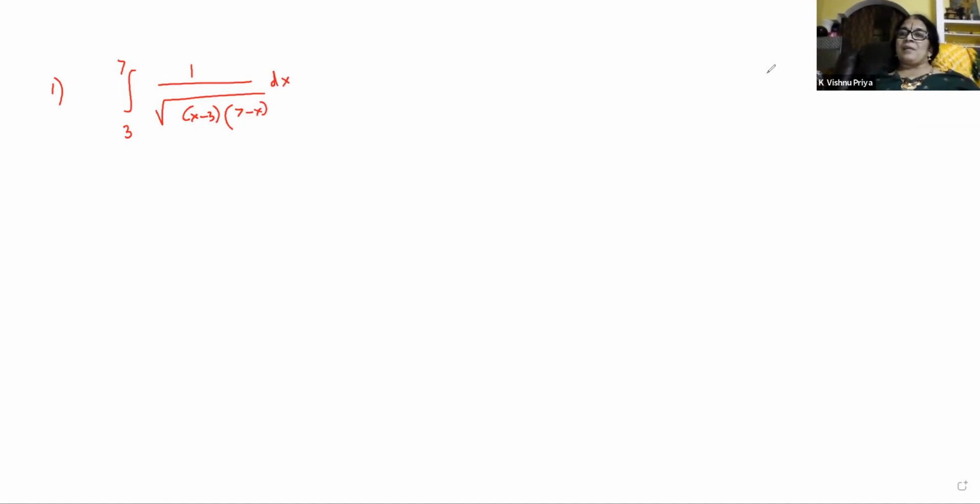Before doing the sum, I want to tell you which formula this question looks like. If you have integral a to b, 1 by square root of (x minus a) into (b minus x) dx, this form.